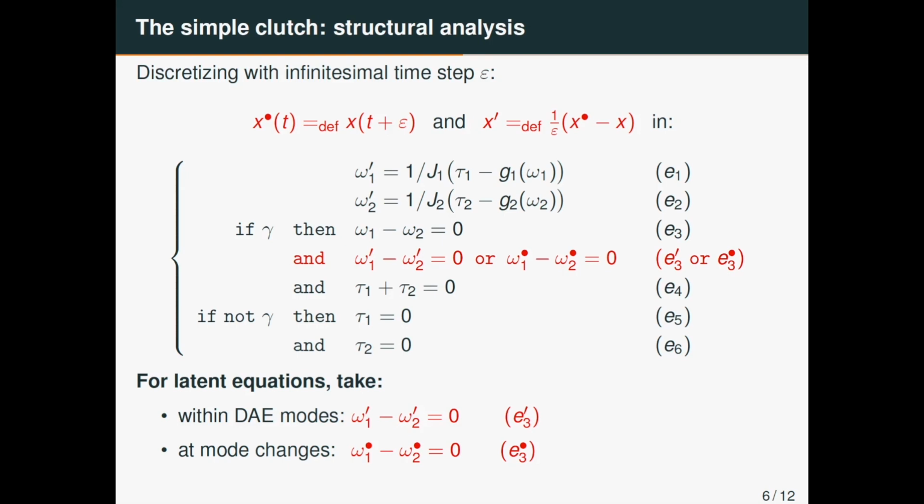Within DAE modes, we differentiate the constraint omega1 equal omega2, and at mode change released to engaged, we shift it forward. Since x dot and x bullet are related via the Euler scheme, the two ways of generating latent equation are equally correct in that both determine the leading variables.